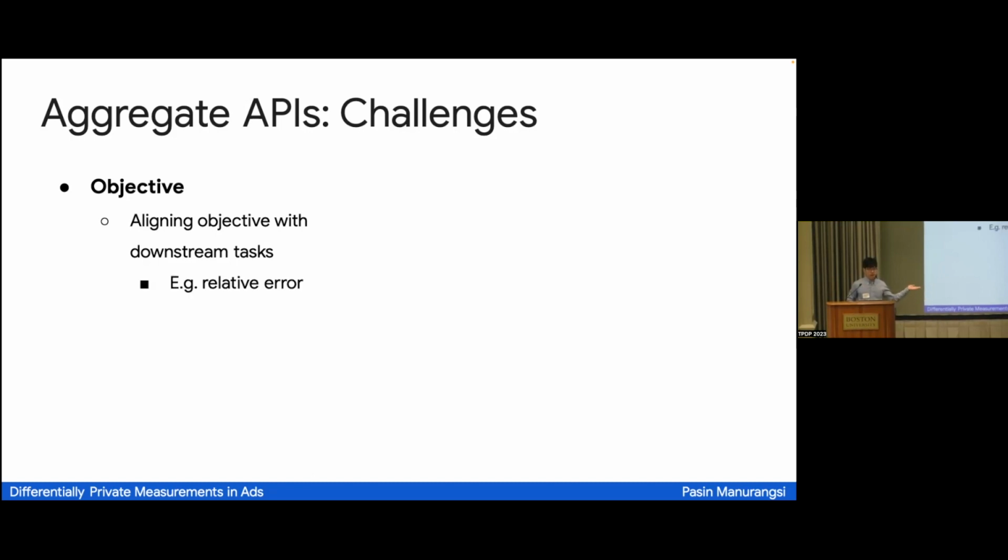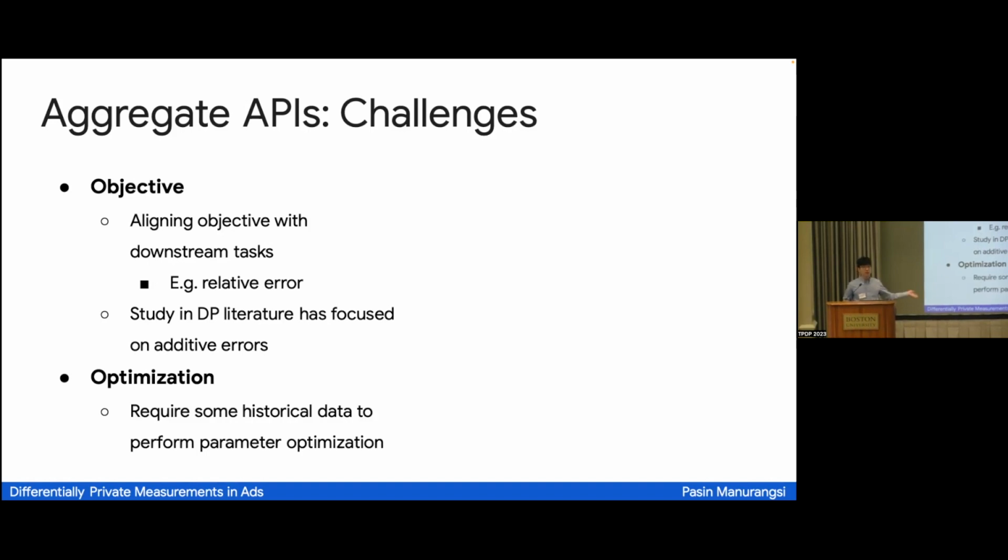For example, one thing that I have seen from my experience is that sometimes people want to measure the error in terms of relative error instead of additive error, whereas most of the literature in our field has been focusing mostly on additive error, like in the matrix mechanism, for example. So it would be nice to expand those and understand more about other types of error.